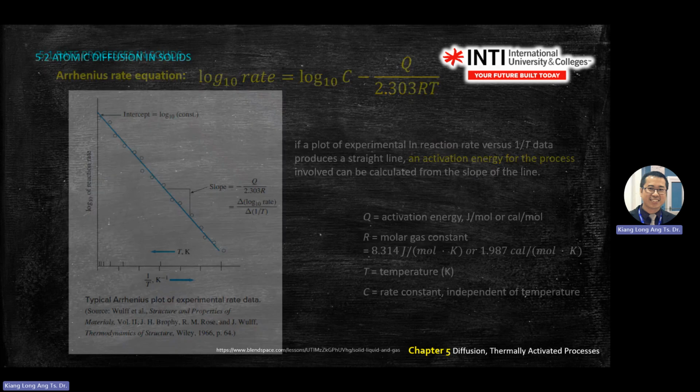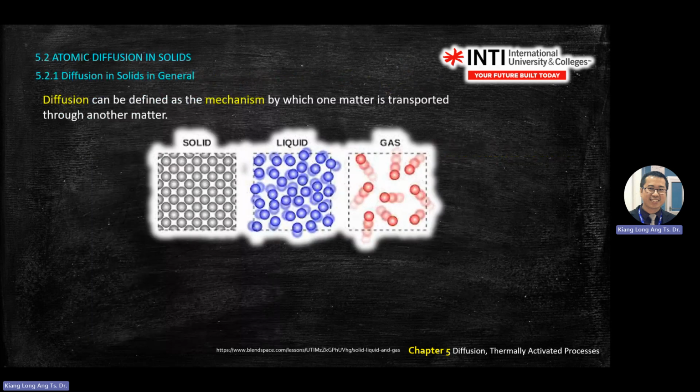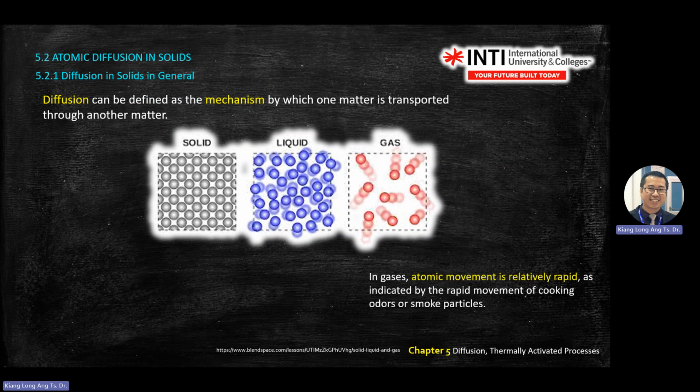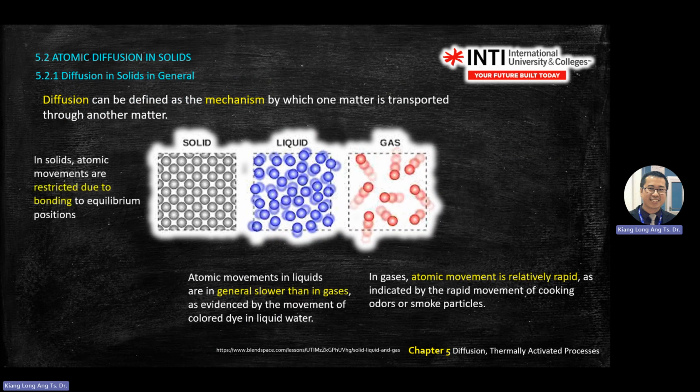This one you read. So you know that in material we have 3 states: solid, liquid, gas. So this is how the diffusion happens. In gas, the movement is very rapid and there is lots of energy there. Liquid is slower than gas but faster than solid.